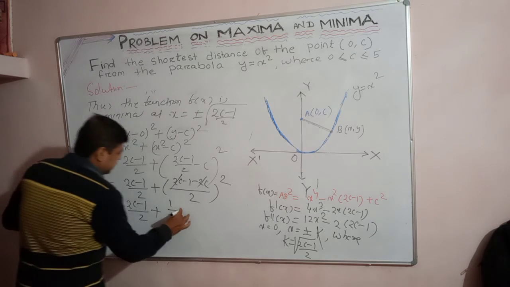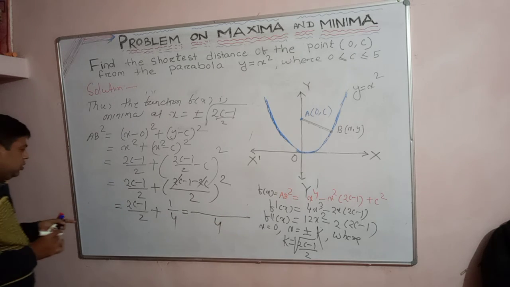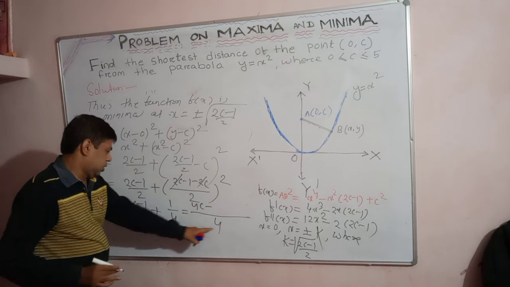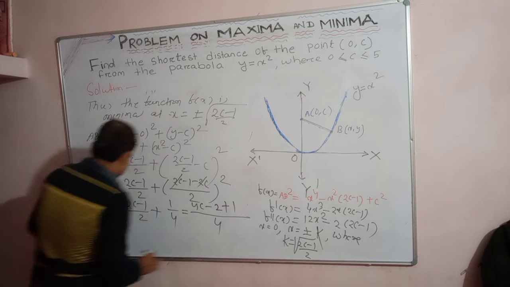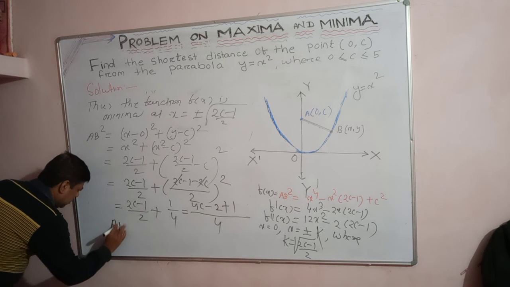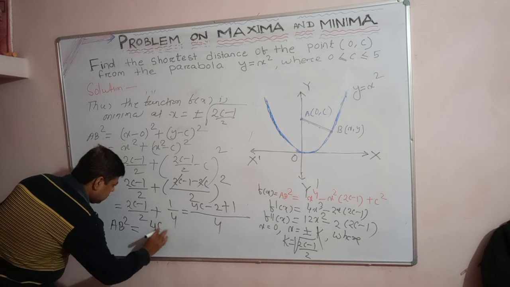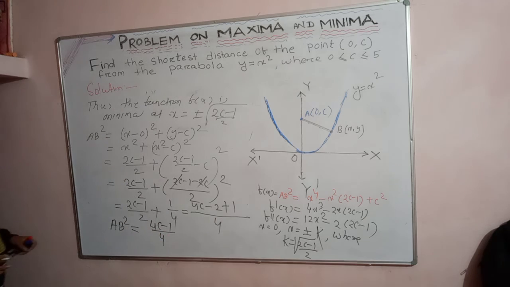Okay, let's take the LCM. The LCM is 4, and it will be 4c minus 4 divided by 2 is 2, 4c minus 2 plus 1. So AB square is equal to 4c minus 1 upon 4, right?